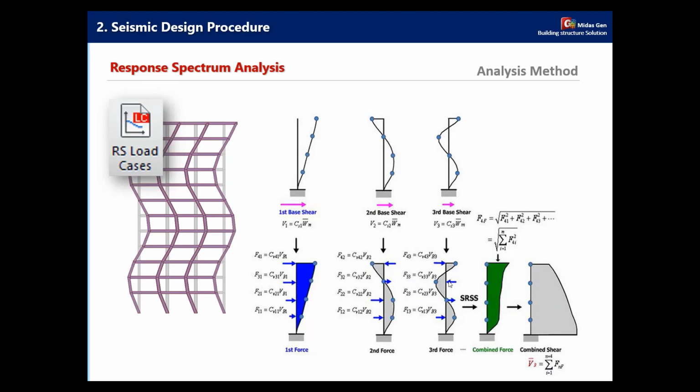The famous method here is the square root of sum of the squares, but nowadays we usually use the complete quadratic combination to calculate the base shear force. So in our example today, we are going to use the complete quadratic method. All of those combination methods are in the software, so don't worry about that. We'll explain it when we are doing the demonstration.